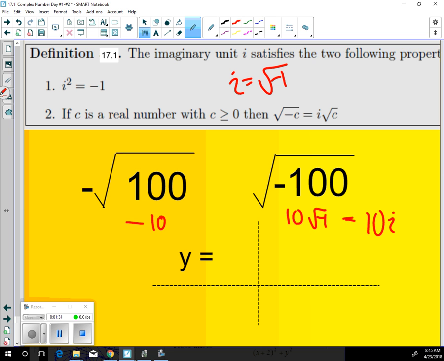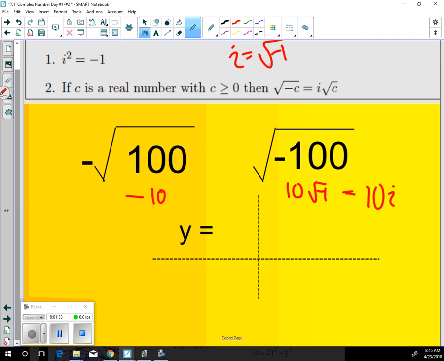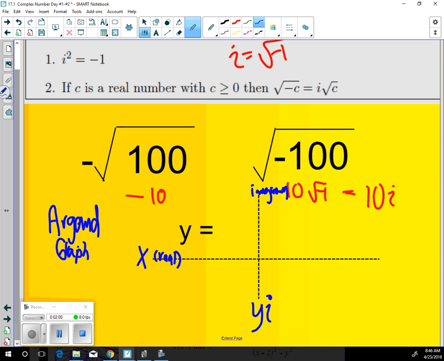So that brings us to something called the Argand graph. Have you ever heard of that? Would you write A-R-G-A-N-D, Argand graph? All the Argand graph is, we have an x-axis and a y-axis, as we always did, but these are the real values, and these have imaginary values in them, meaning this is y times i.